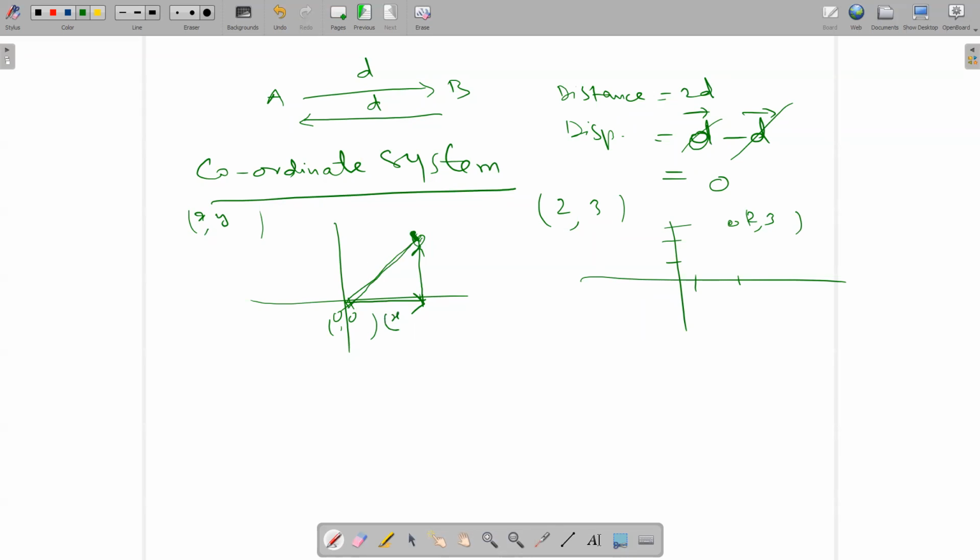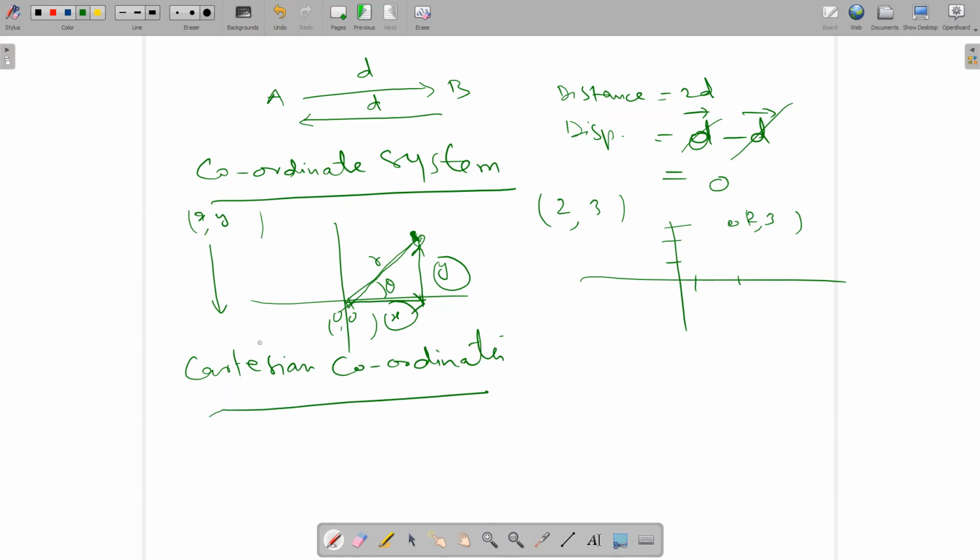This is X, this is Y, and this is R, and this angle is called theta. Here X, Y is called Cartesian coordinates.